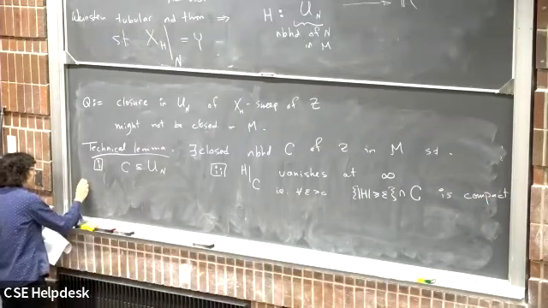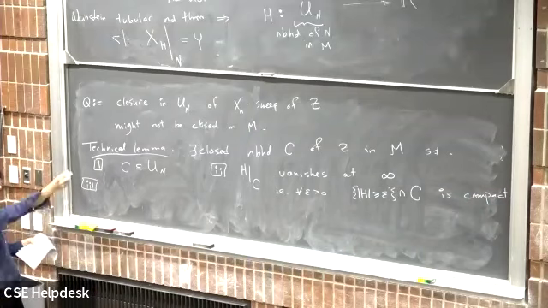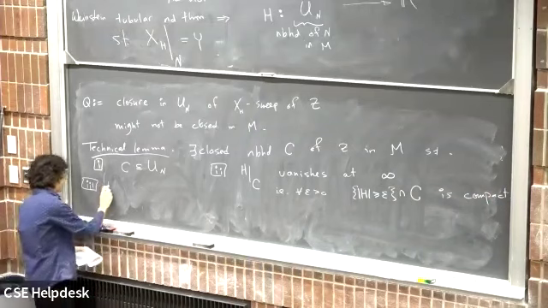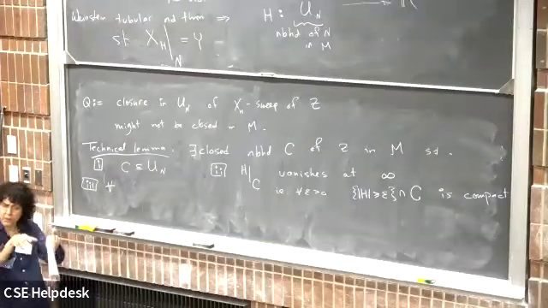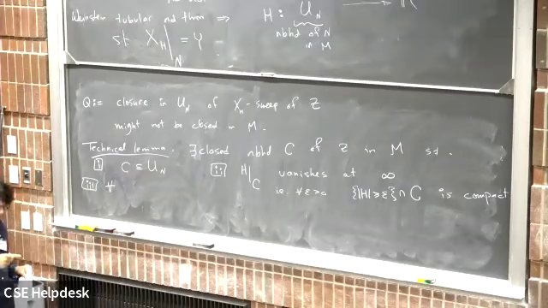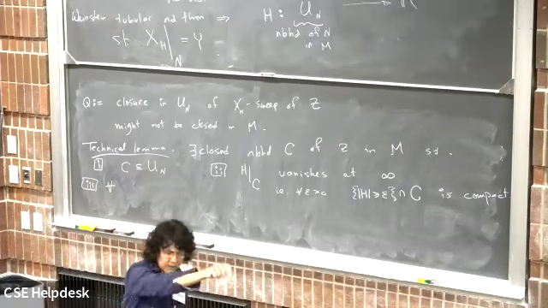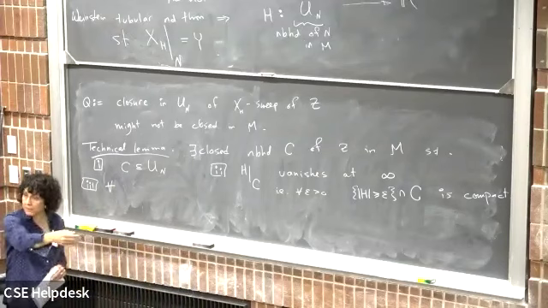And number three is the most challenging one. You would like to choose the neighborhood again to be very narrow as you go far away, in such a way that if you take a maximal forward or backward trajectory of your flow, in this case X_h, maybe it's defined for all positive times, or maybe it escapes to infinity.